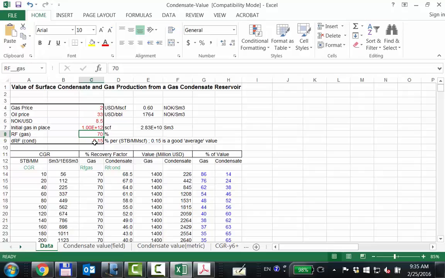That's because when we go below the dew point, you get liquid dropping out of the gas, it sticks and hangs to the rock, and it doesn't come to the surface. So we're losing these heavy components, okay? And so the recovery of condensate is going to be less than the recovery of gas.